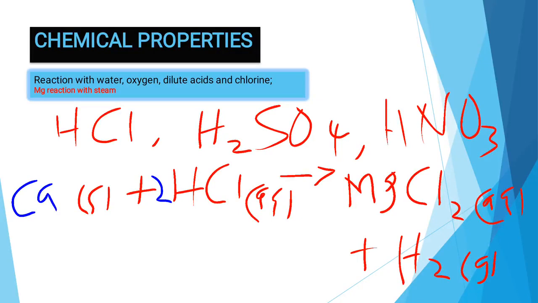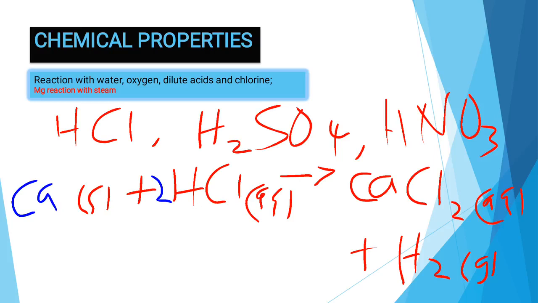And then again, we come here on the product. We change that one so that we have calcium chloride plus hydrogen gas.